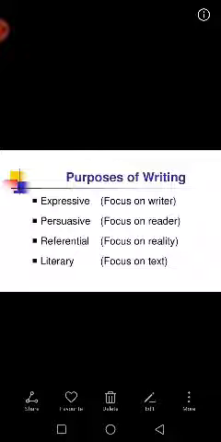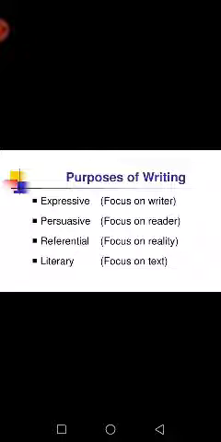While the third one, referential, focuses on reality, how the writer can explore and examine reality according to different things. For example, maybe reading, maybe observation, maybe asking, maybe connecting with others.